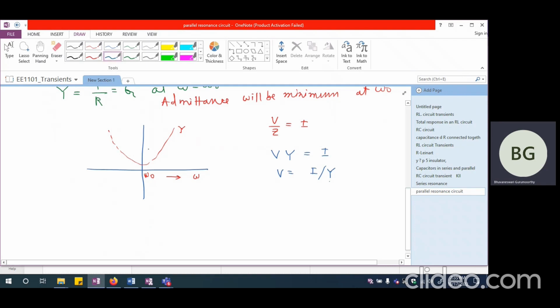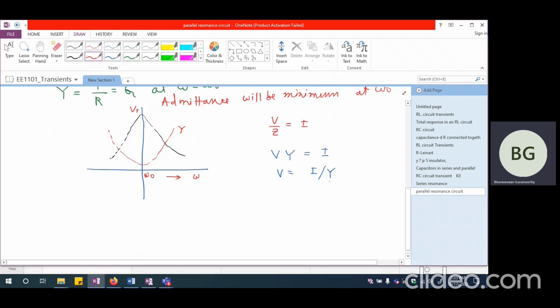So if I try to plot how the voltage varies, this is going to be the variation of voltage with respect to frequency for a given current value when you are going to have varying frequencies.